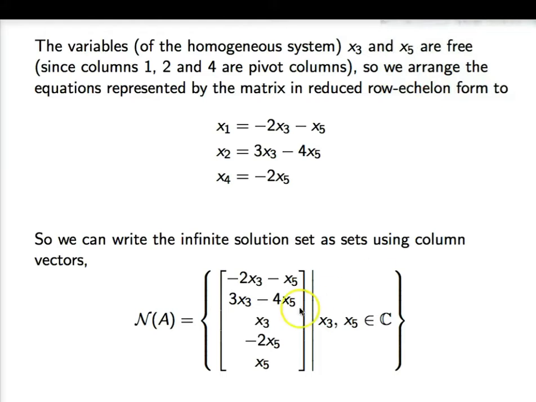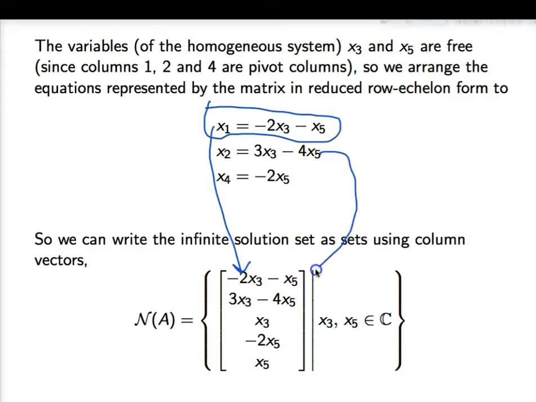Leads to the following expressions, right? Doing this type of calculations, we would have an expression for x1 in terms of x3 and x5, another expression for x2, and the expression we just computed. So we can write the solution set in this form, where we don't write x1, we write this expression for the first entry. This other expression is going to substitute entry number 2, and entry number 4, x4, will be expressed as minus 2x5. And then we write the vertical bar, and after the bar we specify which are the so-called free variables.